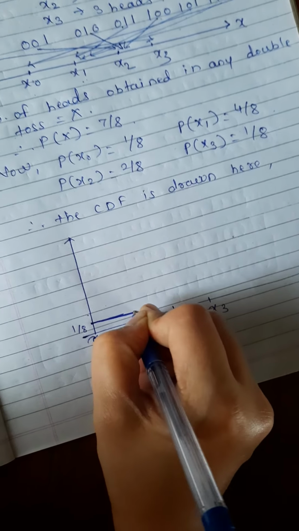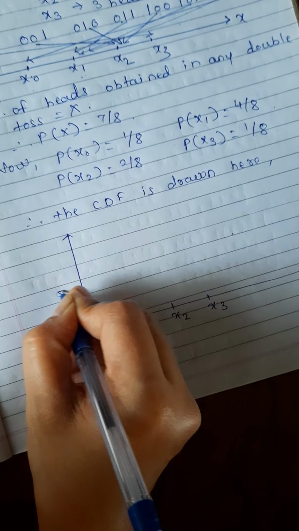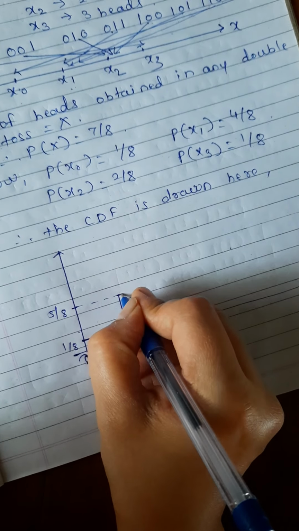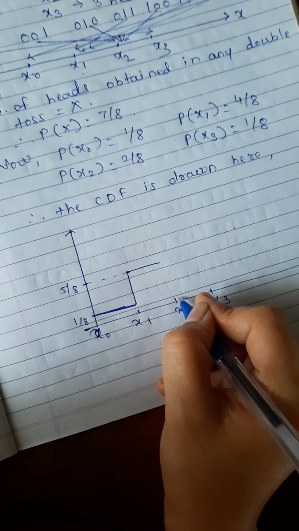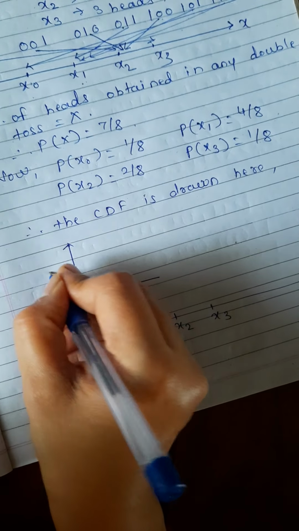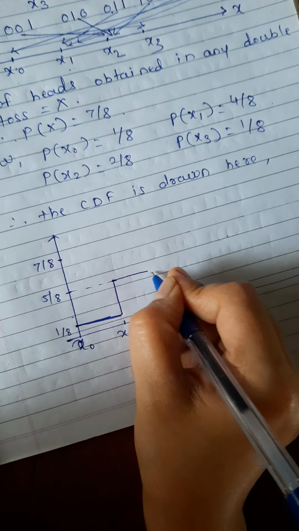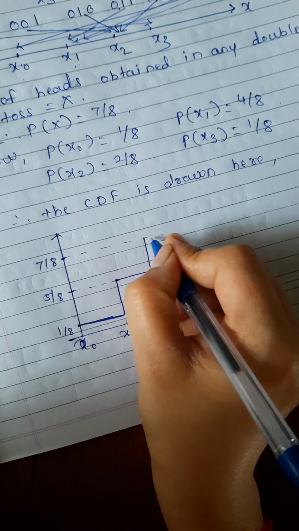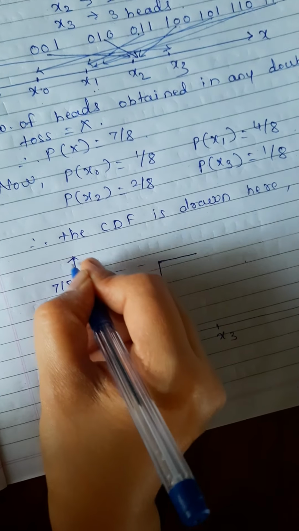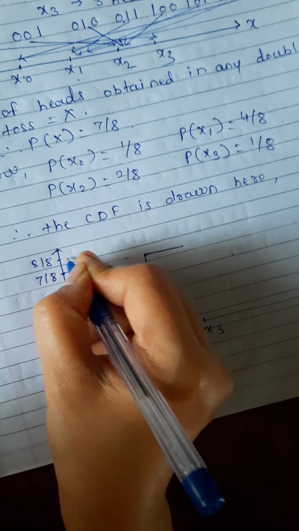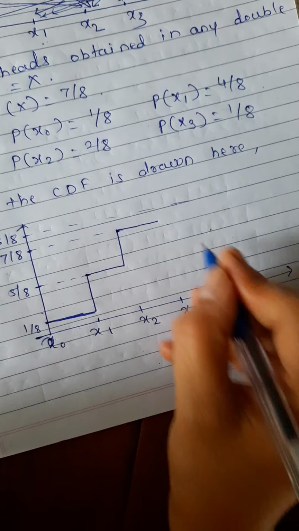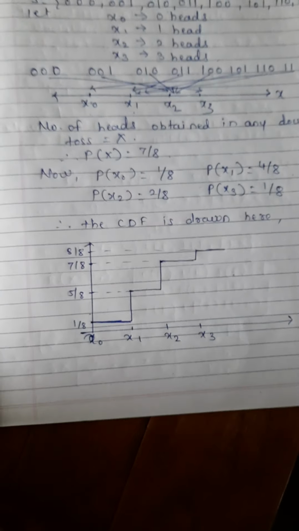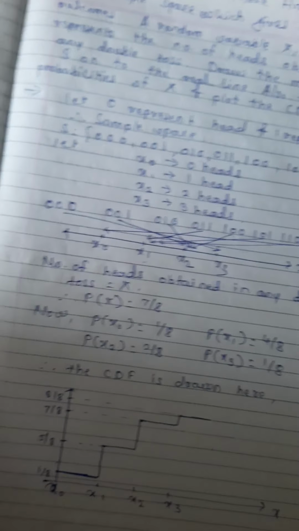Next for x1 it is 5 by 8. So we give here 5 by 8. Okay. For x2 it is 7 by 8. So this is 7 by 8. And for x3 it is 8 by 8, that is 1. So this is the CDF for the given function.